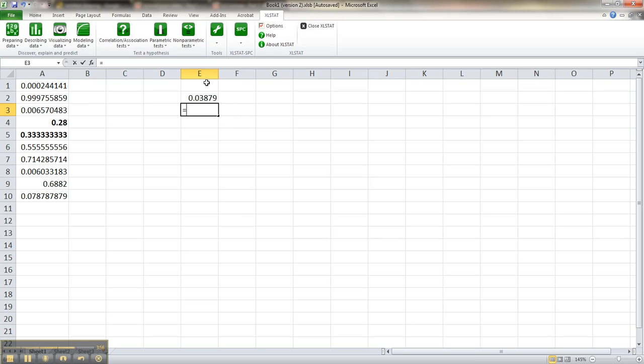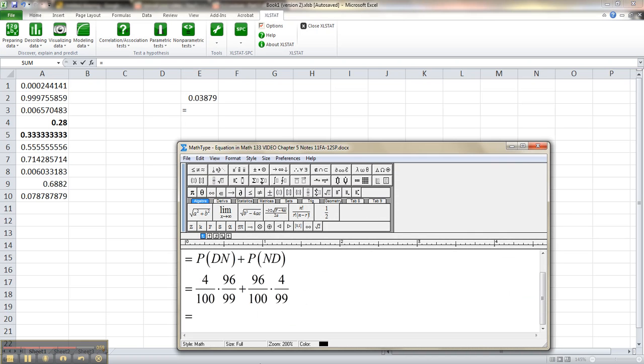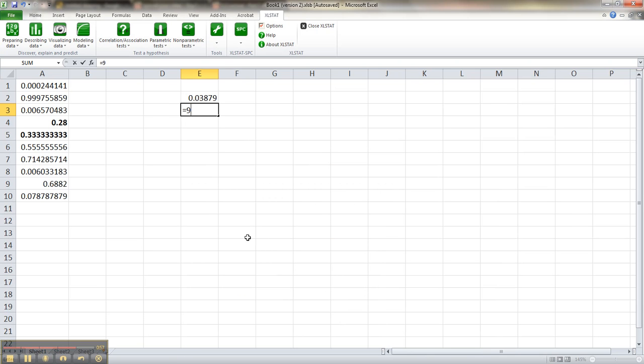That's one of them. And then I want 96 out of 100 times 4 out of 99. And here's a hint, they're going to be the same because they have the same numerators, just switched, and the same denominators, right? And then you want to add them up, and it gives you 0.077.